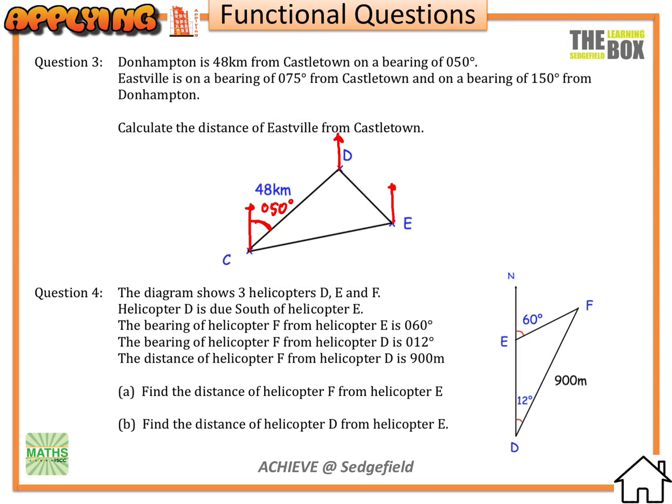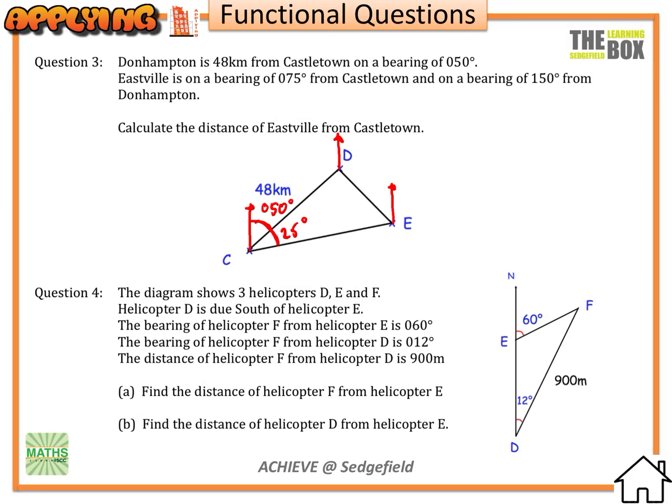Okay. What else do we know? Eastville is on a bearing of 075 degrees from Castletown. So that must mean that this angle here is 25 degrees. Hopefully that makes sense why.